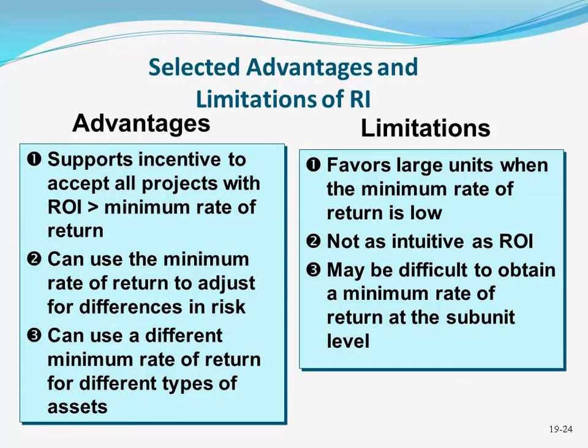You have to adjust the residual income for scale by dividing it by the asset base. It's also not as intuitive as the ROI, and it may be difficult to decide what the minimum rate of return is when you talk about subunits, such as investment centers within a company, rather than the company as a whole.